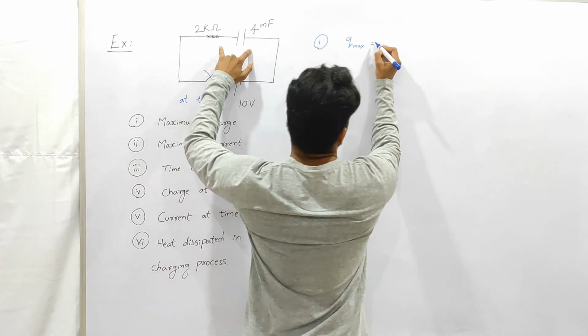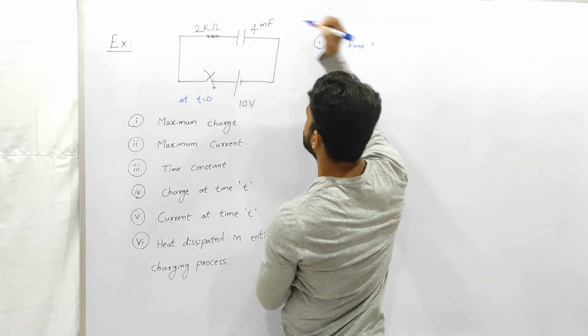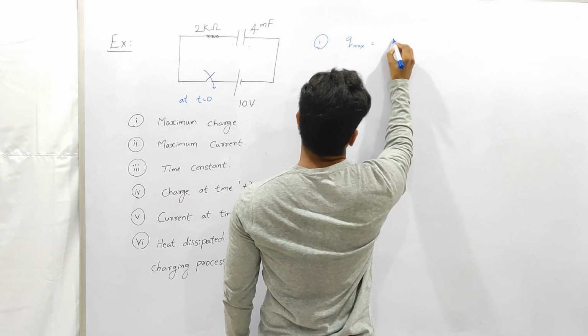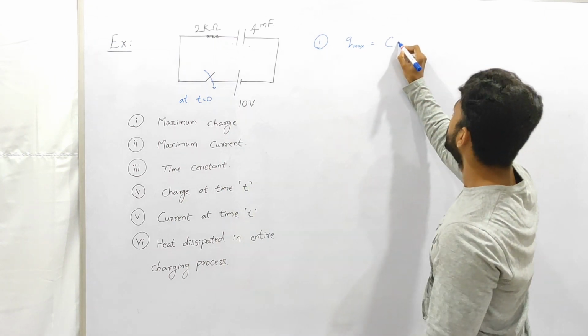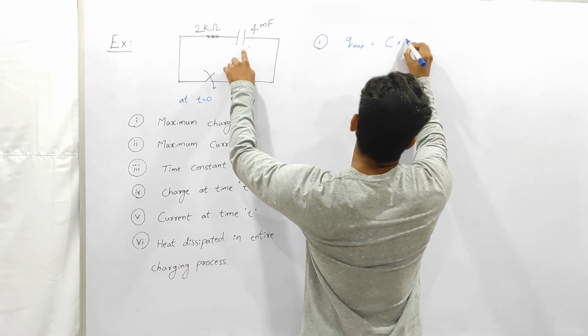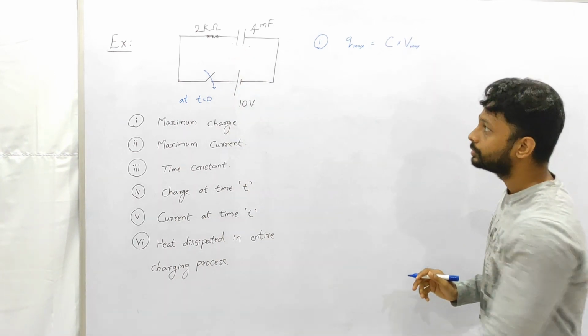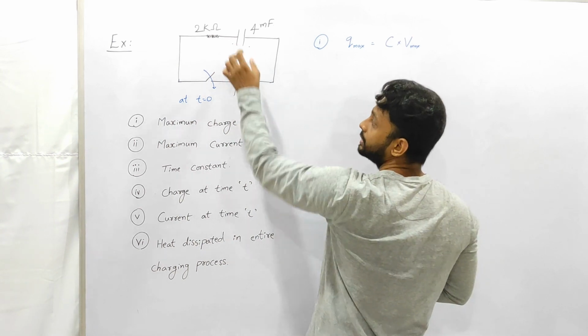So Q max is the capacitance C into the maximum potential difference that can be obtained across this capacitor, V max. What is the maximum potential difference that we can get across the capacitor in this charging process? That is equal to 10 volt.